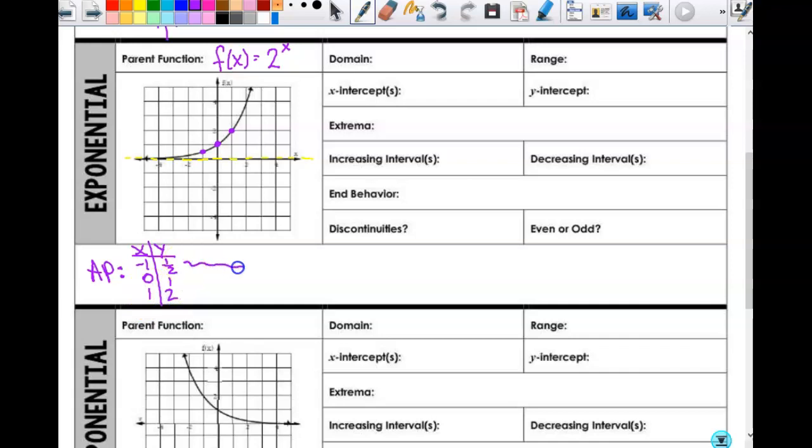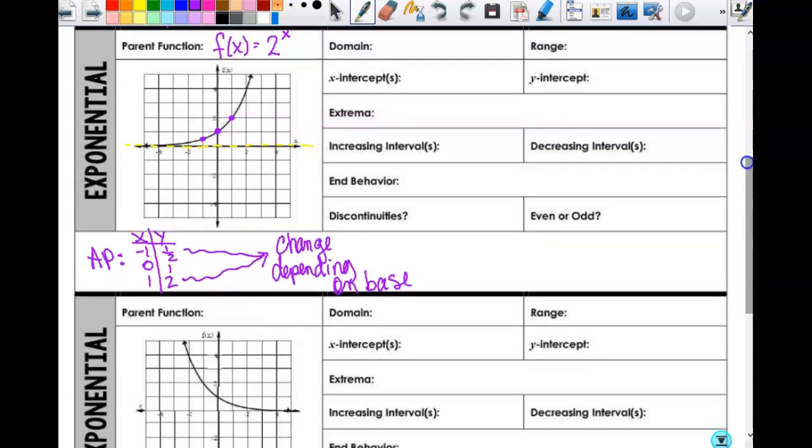So these 2 right here, these change depending on the base. So if it was 5 to the x, I'd have negative 1, 1/5 and 1, 5. But 0, 1 would still be one of them. Okay? Good?